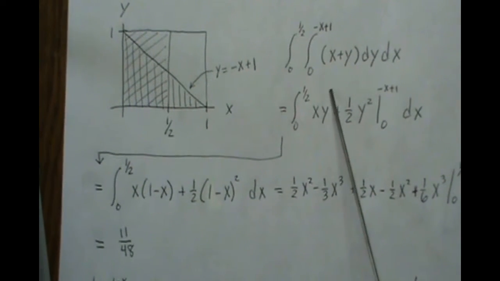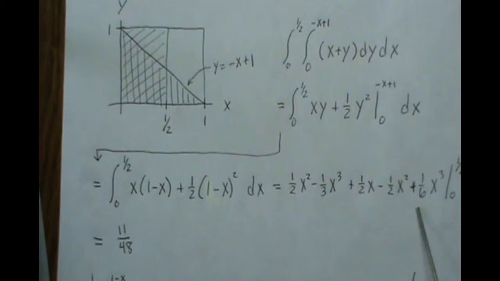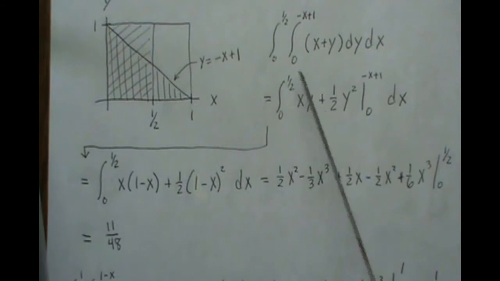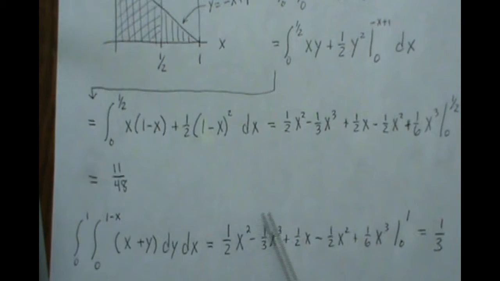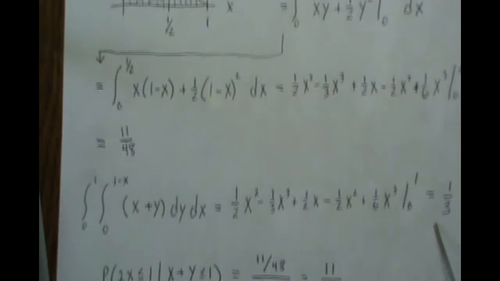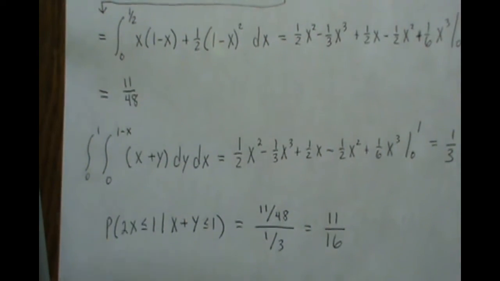Okay, so we can skip down to here, and instead of plugging in 0 to 1/2, we plug in 0 to 1. And if you want to do this again, you can, but I'm skipping it, and we go from 0 to 1, and we get 1/3. So the probability is this numerator divided by the denominator, which is 11/16.